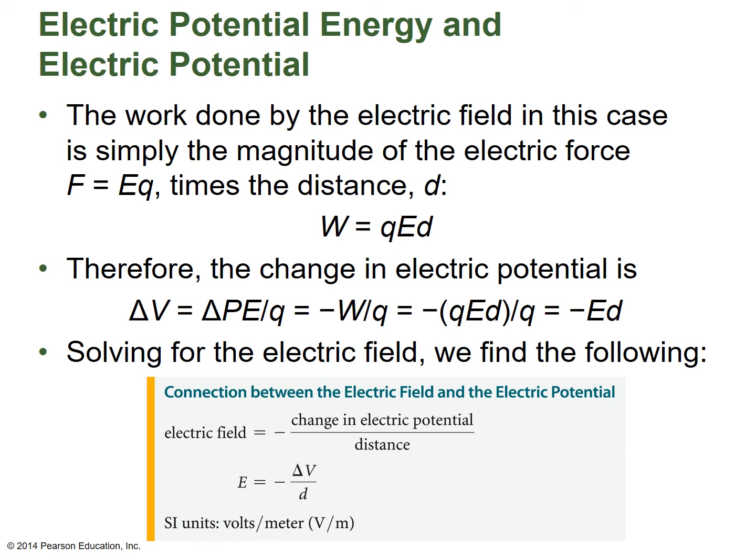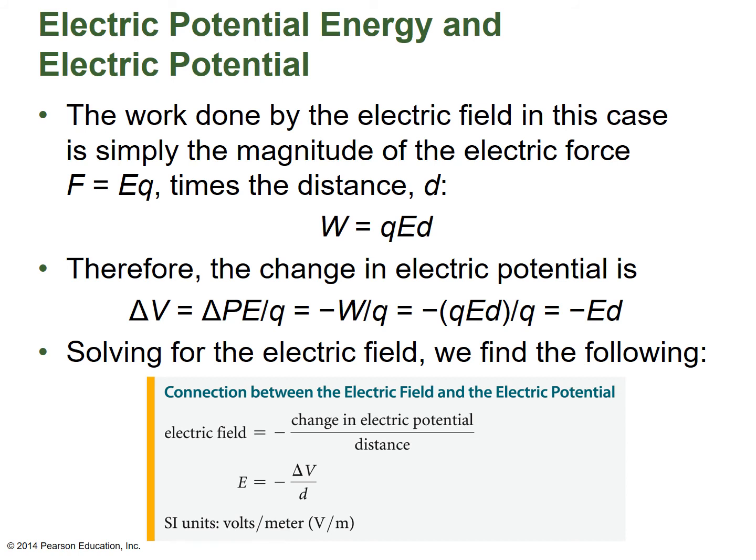The magnitude of the electric force is Q times E, and as you know, the work is F times d, and F is E times Q, so W is Q E d. Therefore, the change in electric potential delta V, which is delta PE over Q, should equal minus W over Q, which is minus QEd over Q, which is minus Ed.